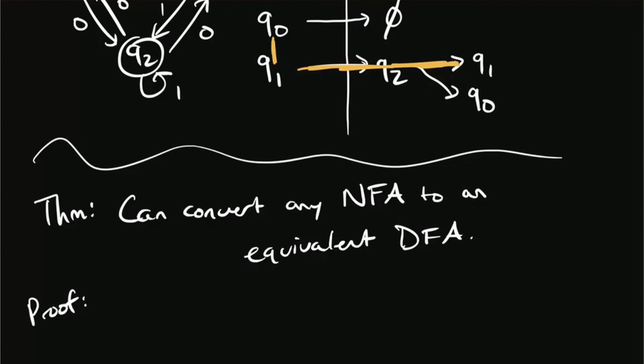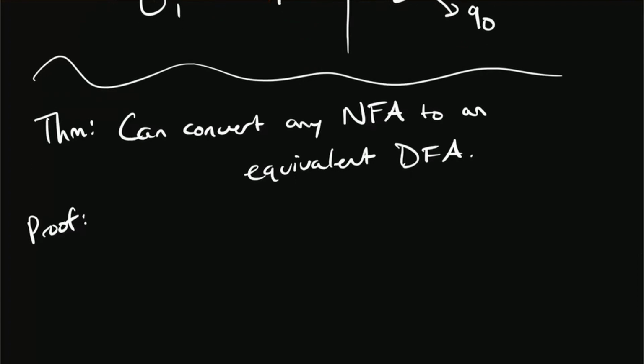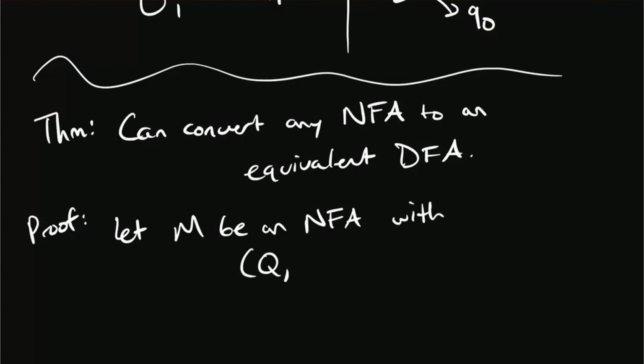Yeah, that's all we need. Cool. So let's actually consider an NFA. So let M be an NFA with Q, Sigma, delta, Q0, F. So states Q, input alphabet, transition, start state, final states.